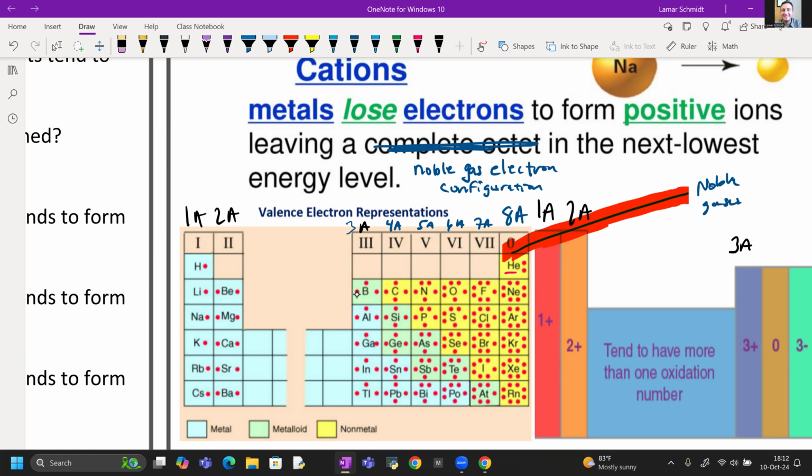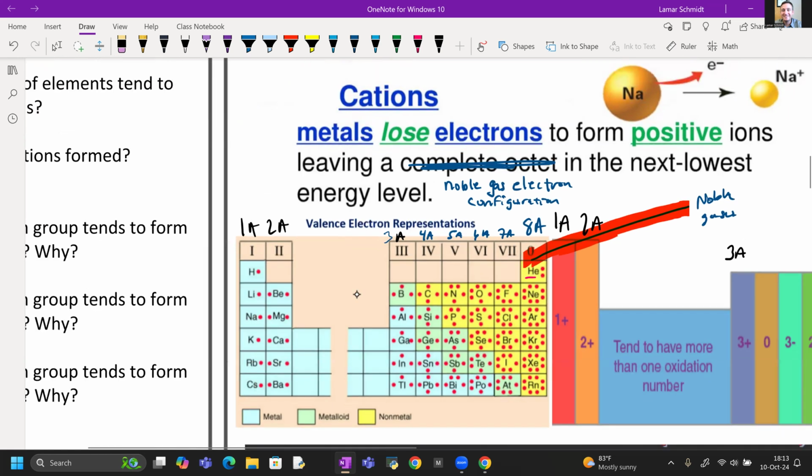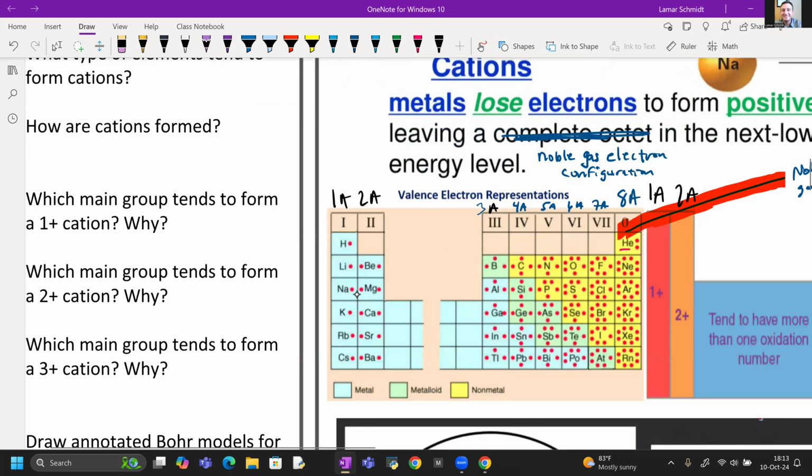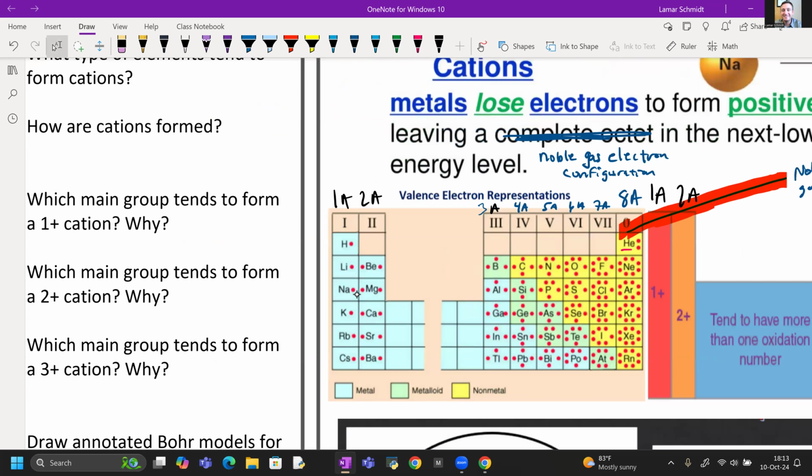It would not behave like group 2A elements, which have only 2 valence electrons, but their valence shell is not full. They can hold more. And so they have different properties based on their ability to hold more valence electrons or whether or not their valence shell is full.